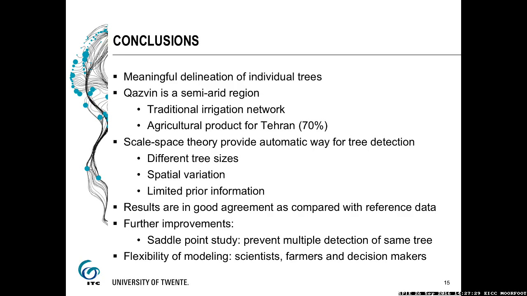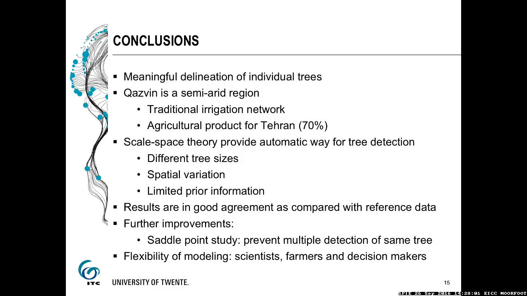The study area is in Qazvin, a semi-arid region with a traditional irrigation network. And this area is really important in Iran because more than 70% of the agricultural products of Tehran come from this region. And in this way, the scale space theory provides an automatic way for tree detection.